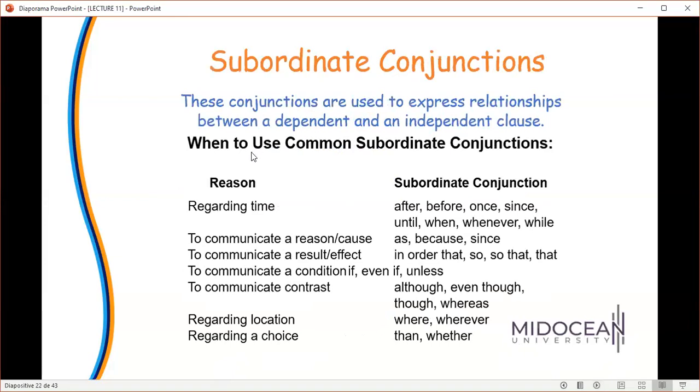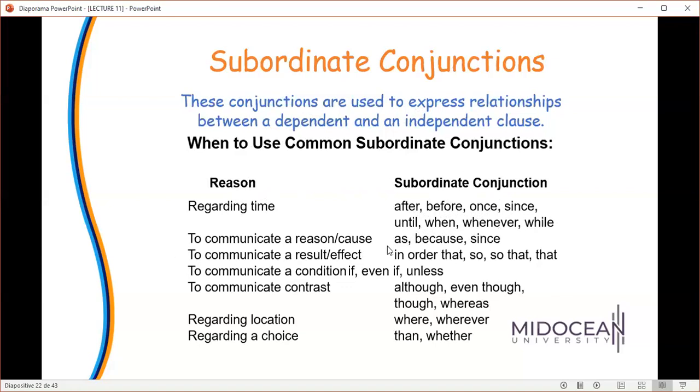Subordinate conjunctions now. These conjunctions are used to express relationships between the dependent and independent clauses. Okay, so sorry. Here you have a reason. So regarding time, subordinate conjunctions: here you have after, before, once, since, until, when, whenever, while.